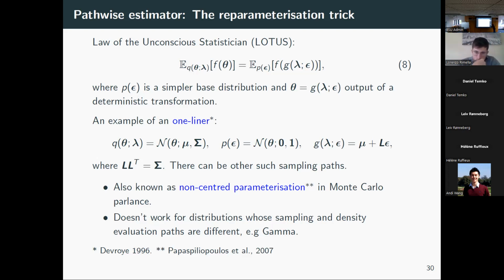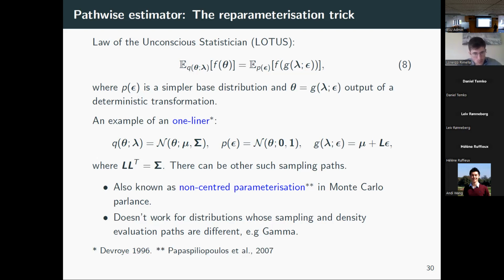The problem with this, I won't say problem, but limitation, is that take, for example, the gamma distribution. You have to use rejection sampling, right? So that cannot be used. So you need densities where, and remember, I'm just giving the example of the one-liner, but there are other ways, like the polar transform, for example.